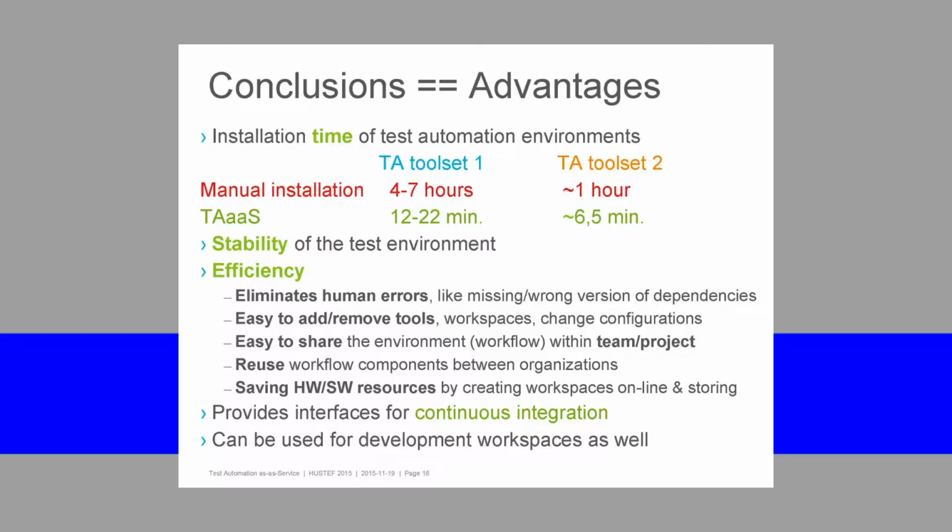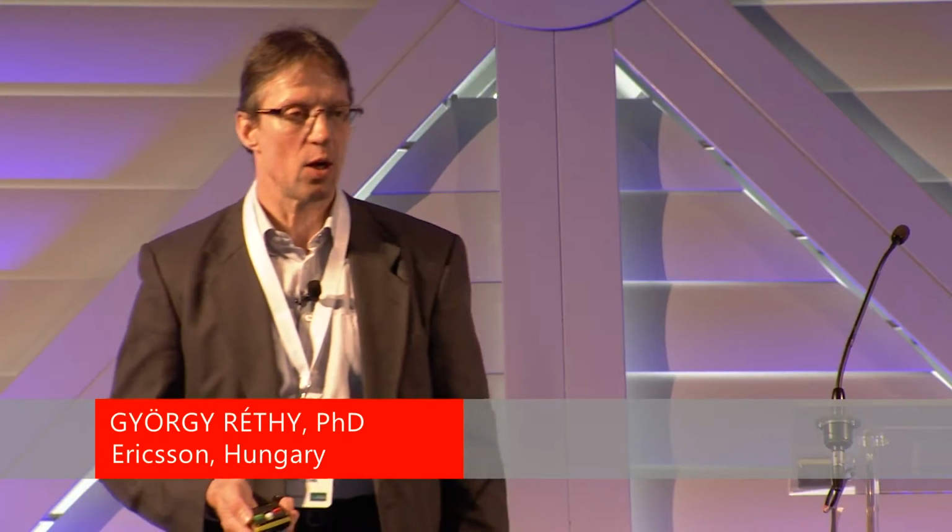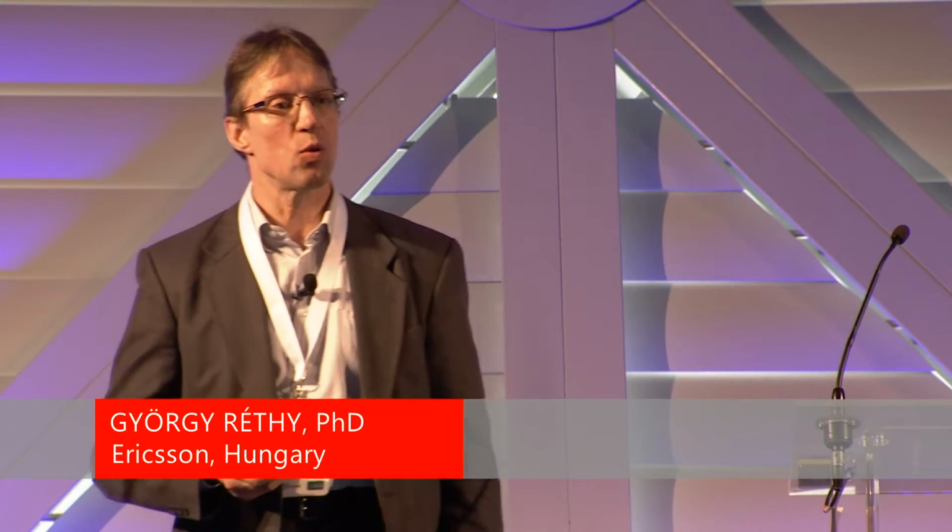And finally, the conclusions. The conclusions are basically the advantages of the system. What are these? First of all, time. So saving time, making things efficient and easier. There are some measurements that have been done with 2 different test automation frameworks used in Ericsson, in our company.